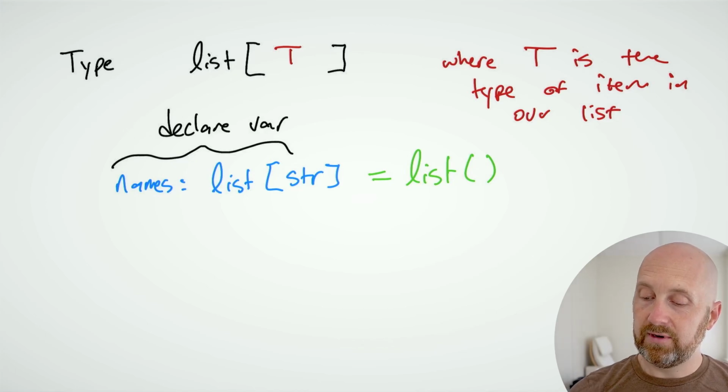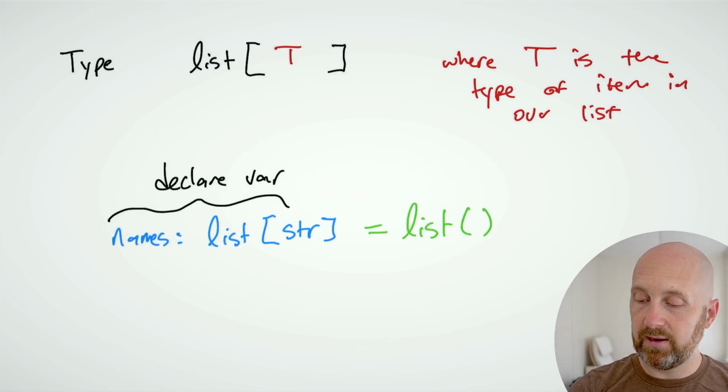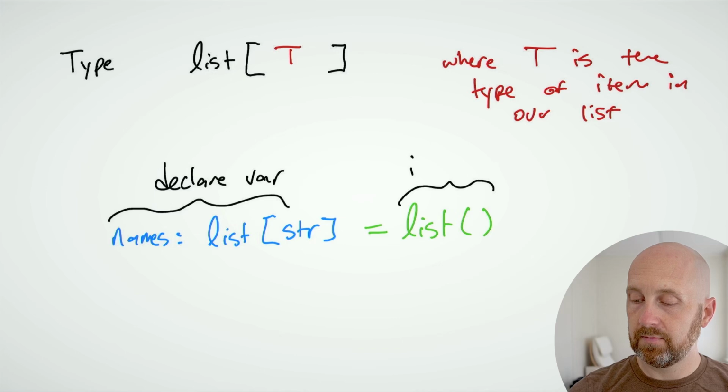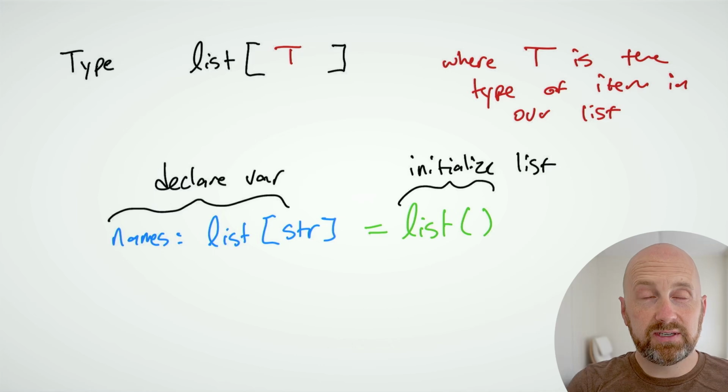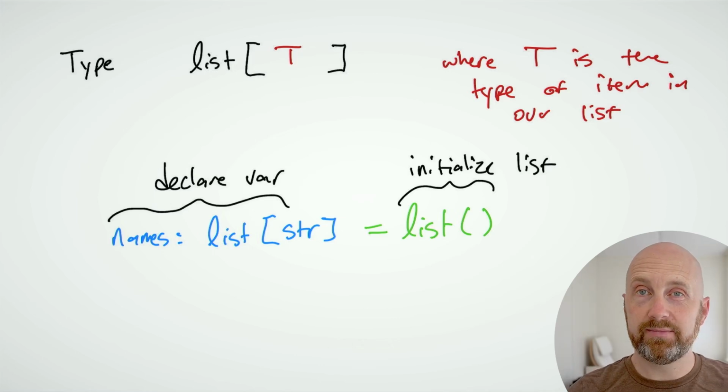And this is how we would initialize an empty list. So when our list is initially constructed, it's going to have 0 items in it.